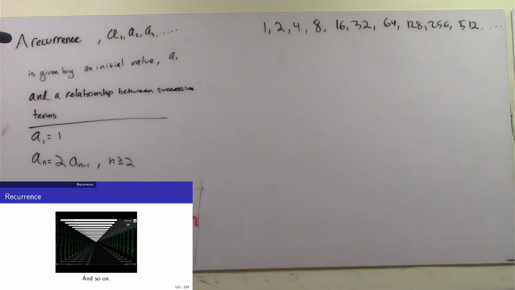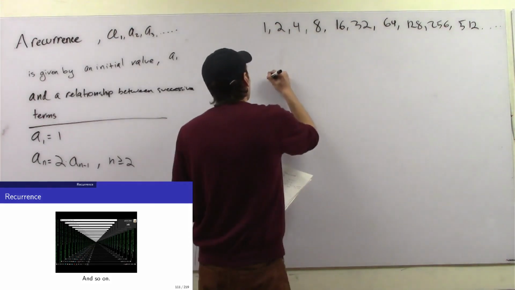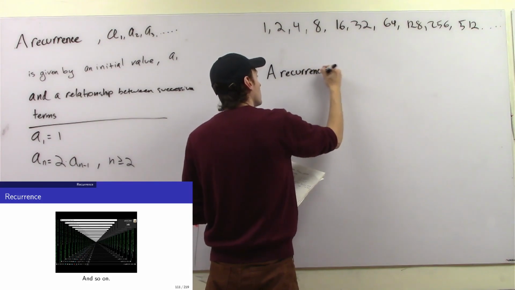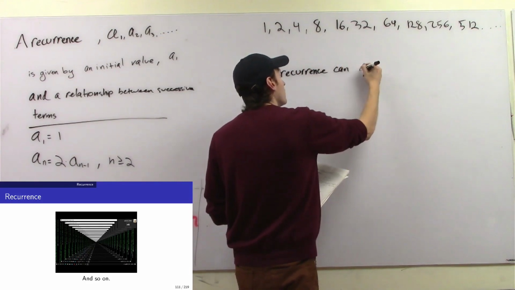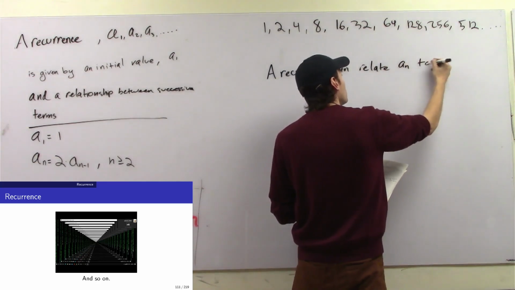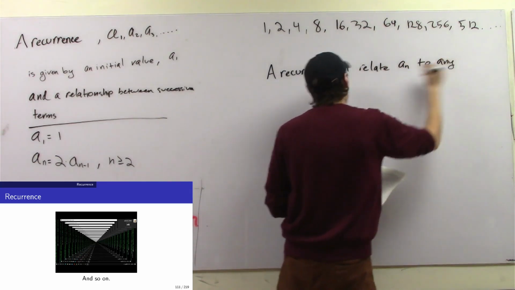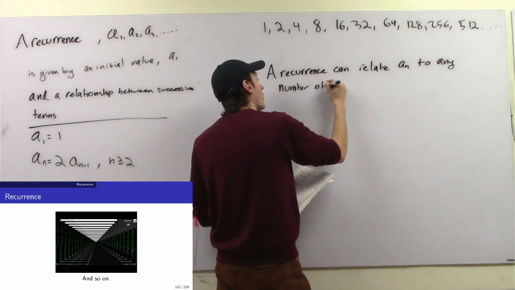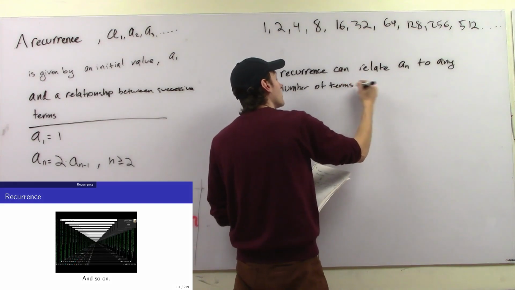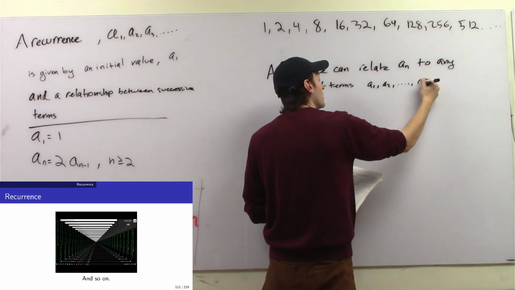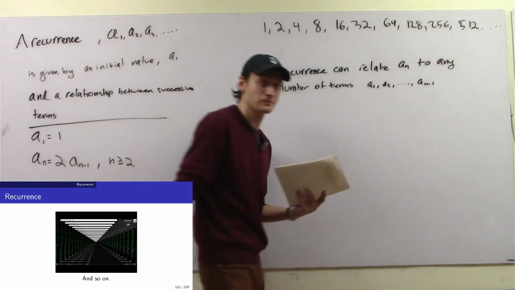We can also have a recurrence that can relate A sub n to any number of terms, A sub 1, A sub 2, all the way up to A sub n minus 1.